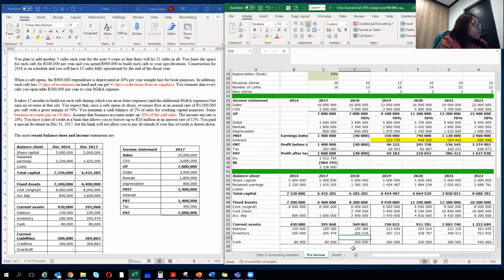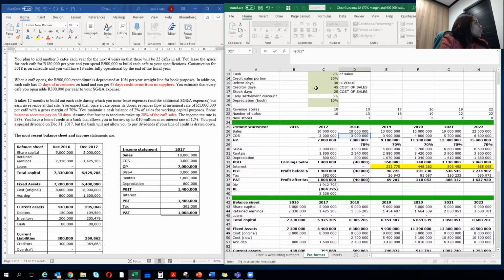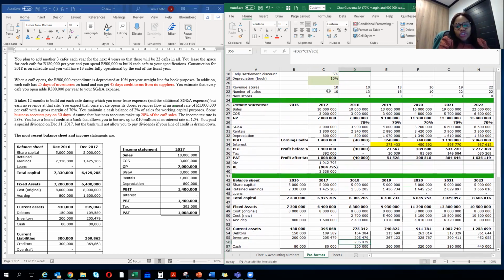Your inventory calculation is equal to your cost of sales. And now they've told you your inventory days are 25. You take your stock days, or what is called inventory days here, 25 divided by the 365, and you close the bracket. You should get to that 205,479.